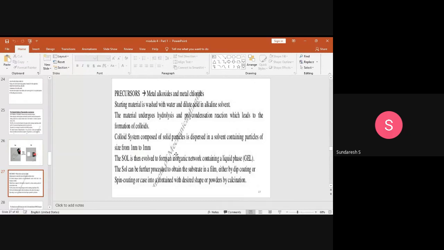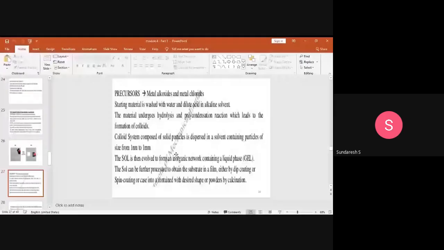The colloidal system is composed of solid particles dispersed in a solvent containing particles of size 1 nanometer to 1 millimeter. So the sol then evolves to form an inorganic network containing the liquid phase called gel.